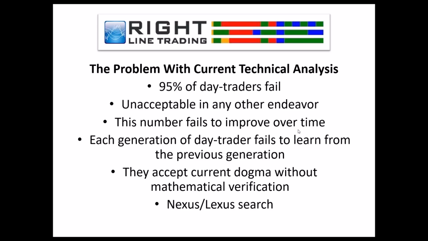Over time, we don't modify the principles by which we trade in order to determine what works and what doesn't work. And that's because the gurus that sell software and teach you trading methodologies, the whole system never changes.